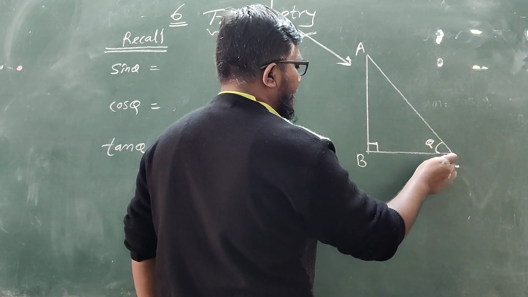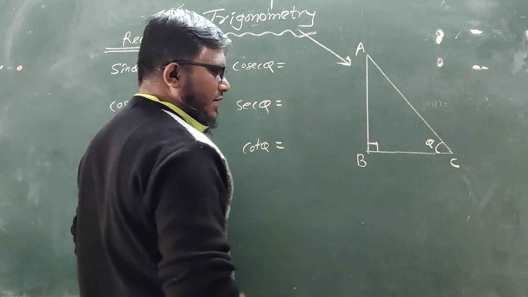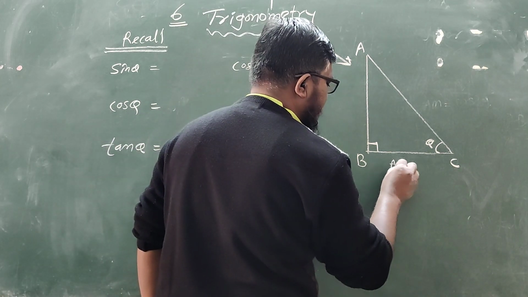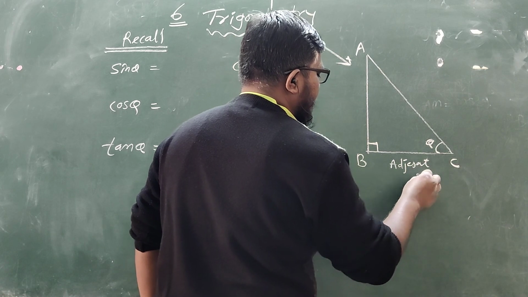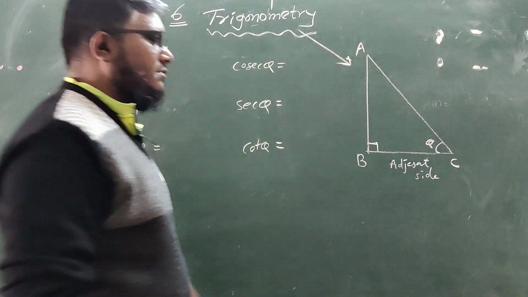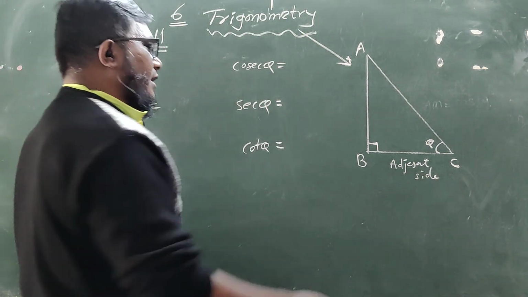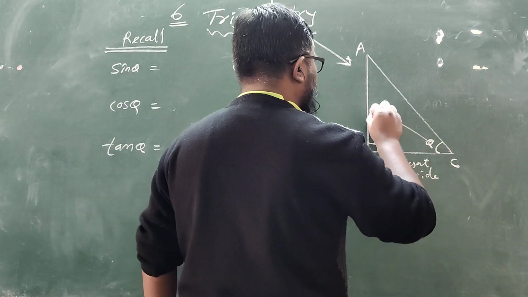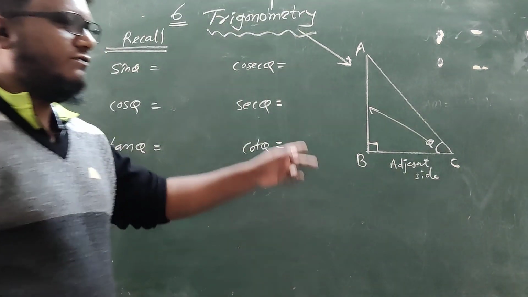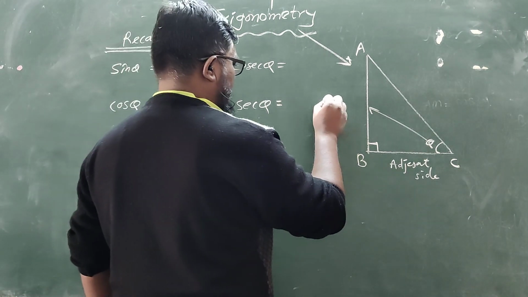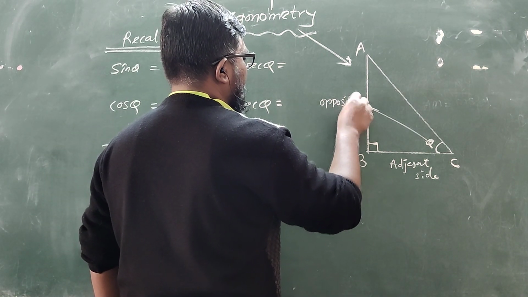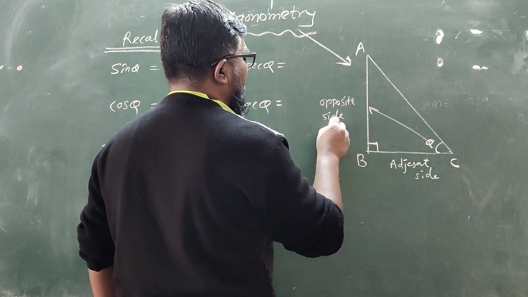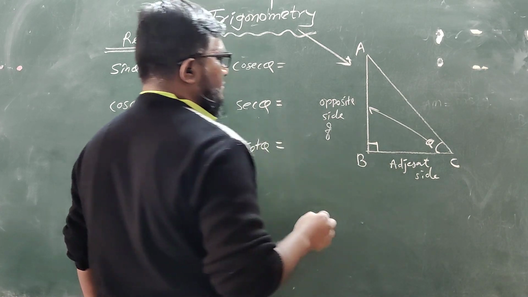The side on which theta is lying is called the adjacent side of the particular triangle, and the side which is present in front of theta is called the opposite side of theta.